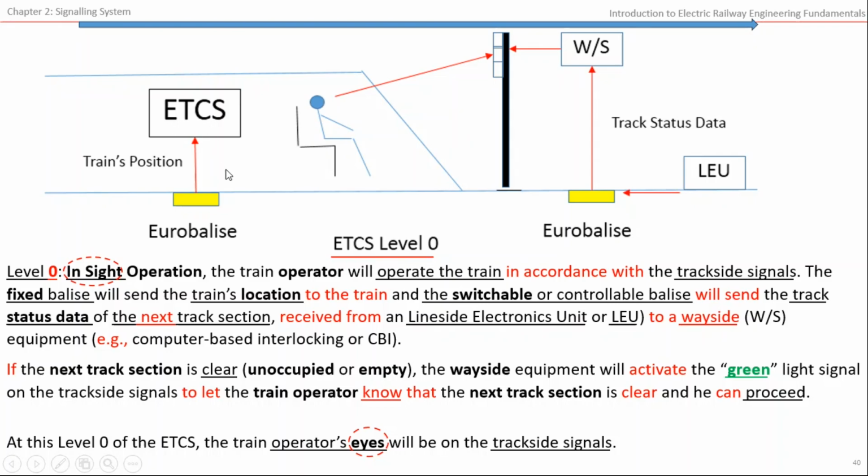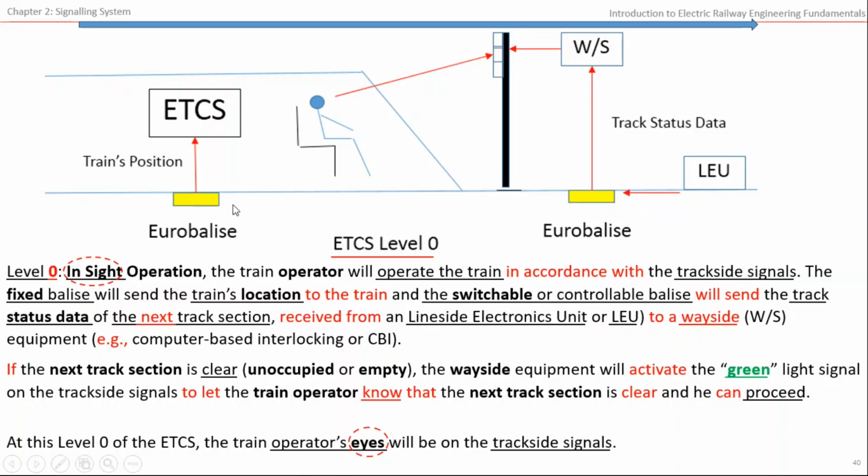So for level 0, this fixed balise will send the location of the train to the ETCS equipment on board the train, and the equipment called LEU or lineside electronic unit will send the track status data to the movable or controllable balise. For a controllable or switchable balise, the data stored can be changed.